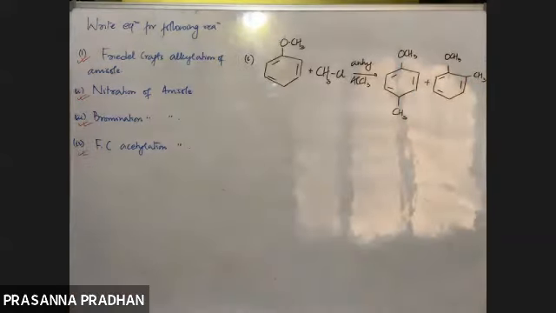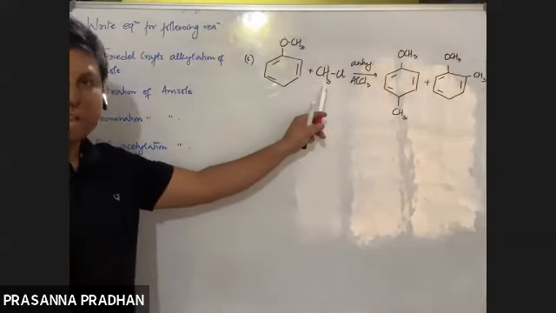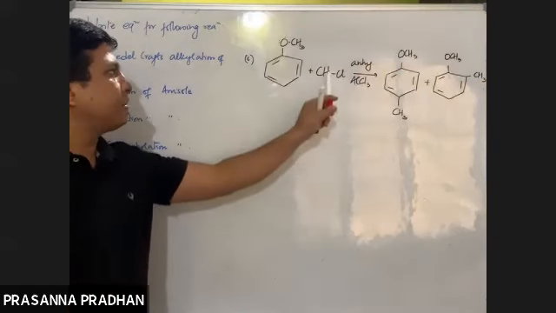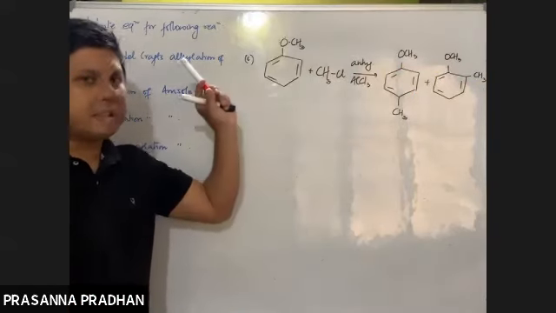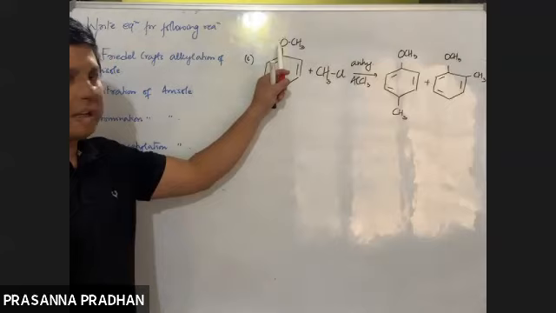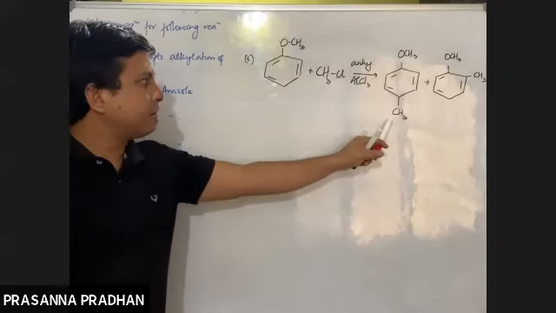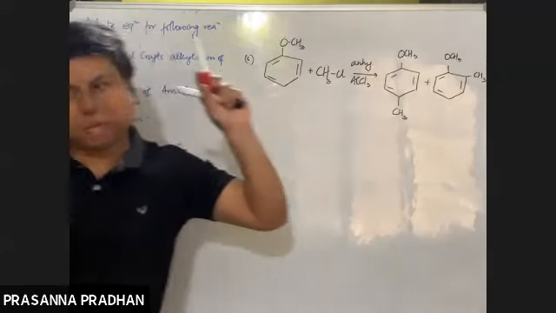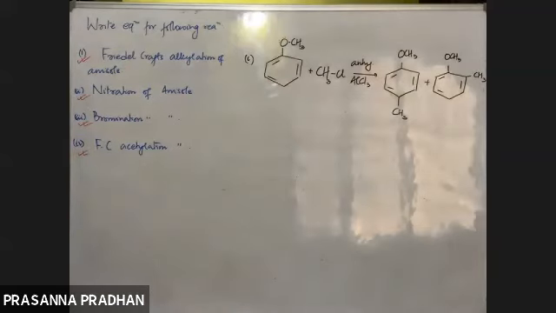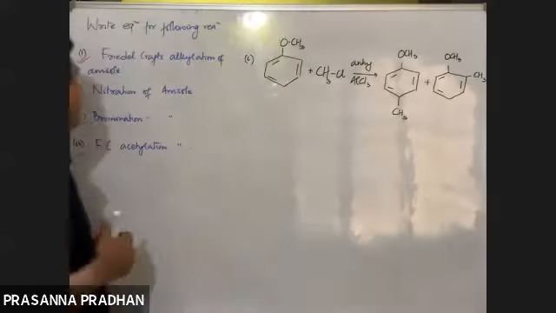Friedel-Crafts alkylation means the introduction of an alkyl group by treating with an alkyl chloride in presence of anhydrous AlCl3. And since this is an ortho-para directing group, the alkyl group comes in the ortho and para positions. So 4-methyl anisole and 2-methyl anisole, and obviously the para is going to be the major product.